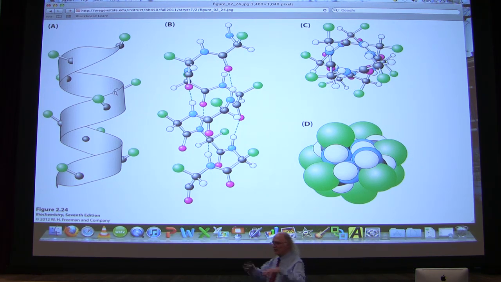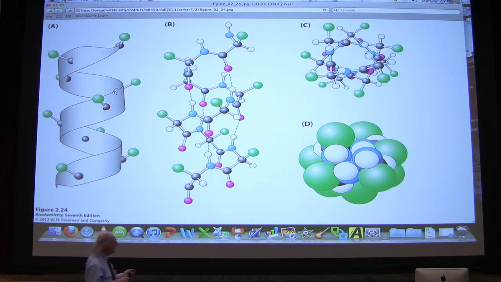Now, we could go through and do all the business of how many amino acids they are apart and how many there are per turn and so forth. And I don't think that really tells us anything that's important about this structure. The most important things about this structure are the regularity, the hydrogen bonds, and the last thing I'm going to mention, which is this thing right here.